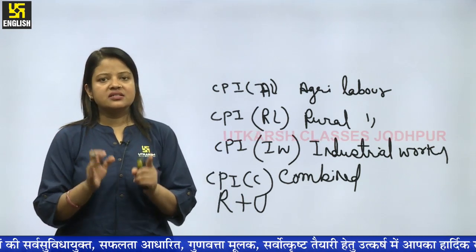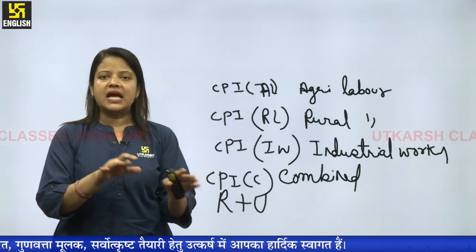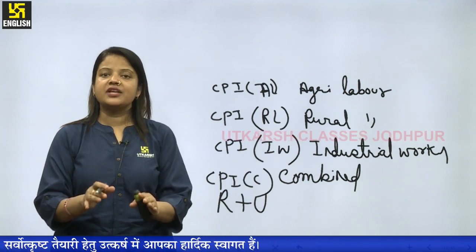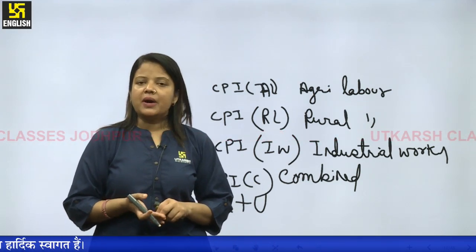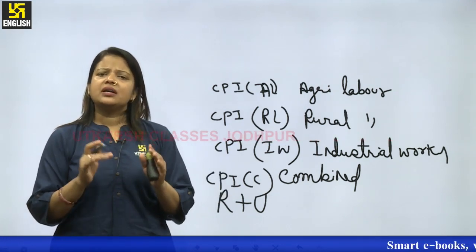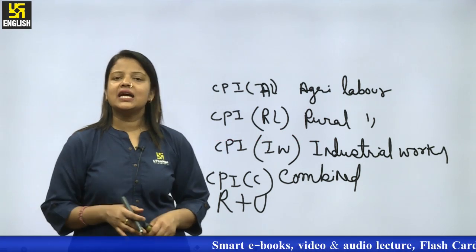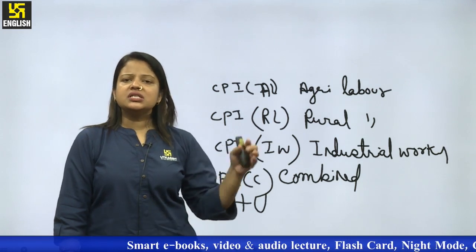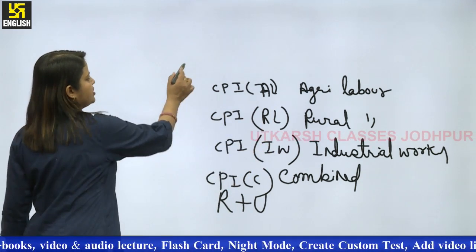Wholesale price index considers goods only, and consumer price index considers the change in the price of goods as well as services. Wholesale price index is measured by the Ministry of Commerce and Industry, but consumer price index is measured by MOSPI, Ministry of Statistics and Program Implementation. So these are the different types of inflation, and these are the different types of measurement of inflation.